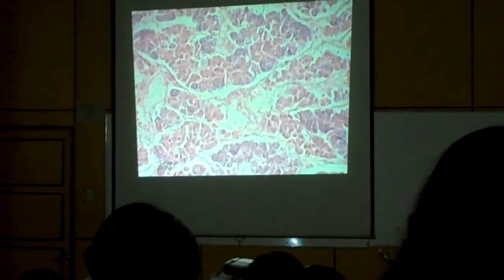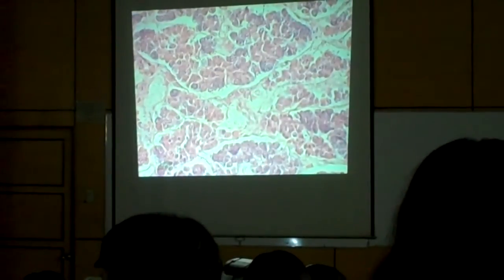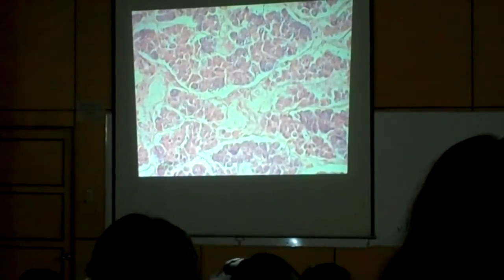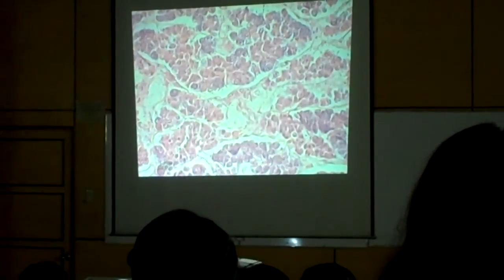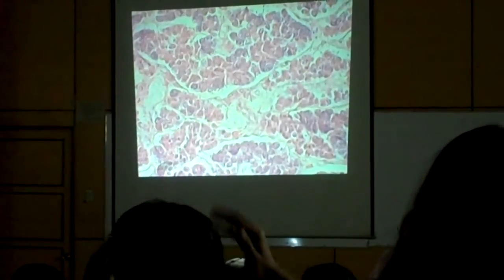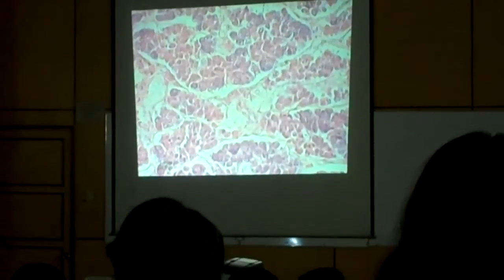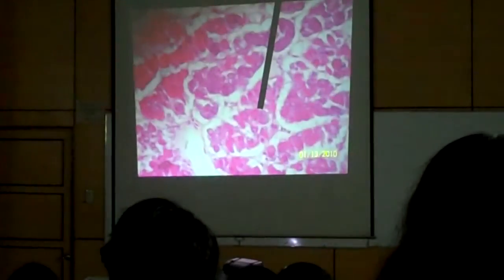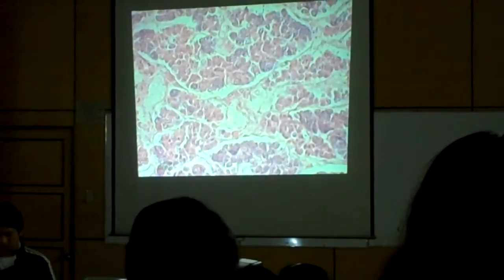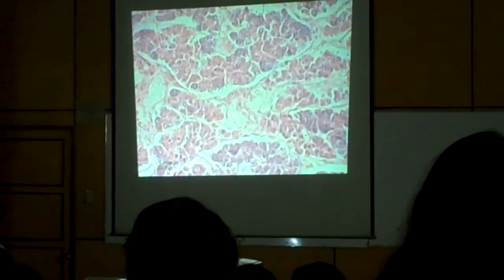And this is, that's it. That is, if you will recognize that it's from the pituitary. Sorry. Chromophobe, these are also chromophobe, but not very well distinct.